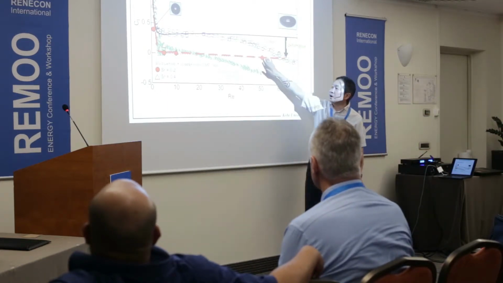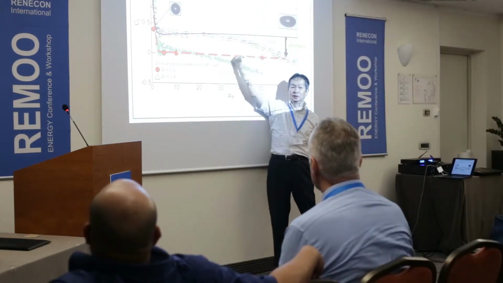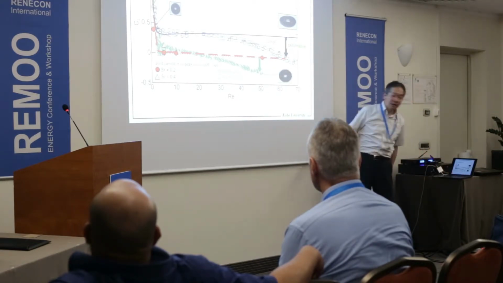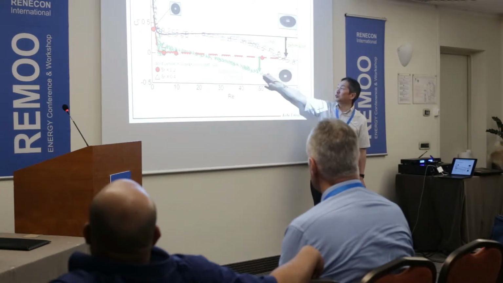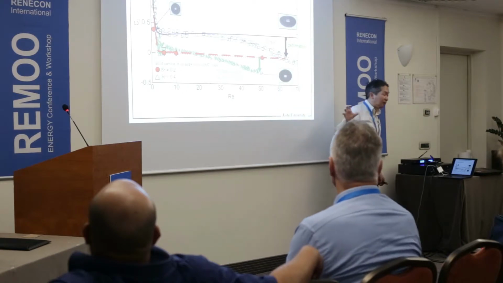So for a spherical particle or spherical bubble, it goes straight, with no dependency on the bubble Reynolds number. But because even the contaminated bubbles can be deformed, it goes down. All right, so the shape is again very important.